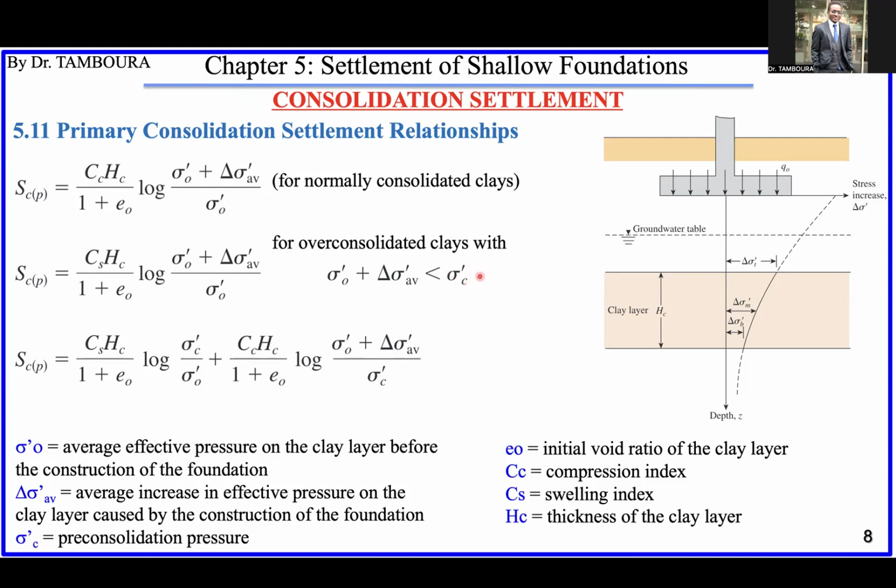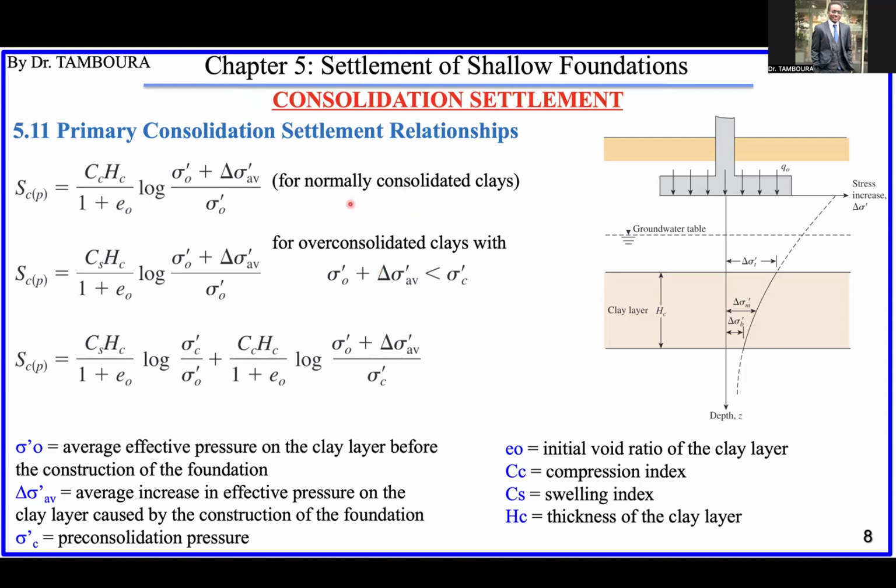It means the soil has experienced heavy load before in the past, load higher than all these combined together. Okay, that means your clay is over consolidated, which is the opposite of normally consolidated clay.